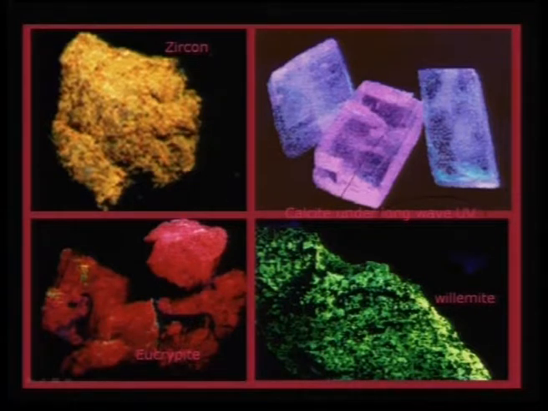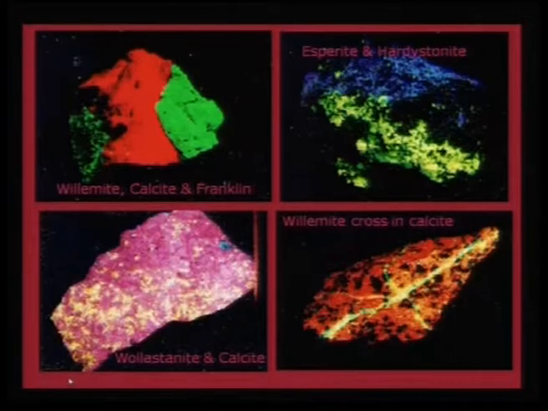This is a calcite crystal glowing under UV radiation, and zircon is here, which shows a dominating yellow. Then you have eucryptite, which is mainly a europium doped phosphor, and then willemite is there. Then we also have a combination of several of these phosphors available in nature as they are, as willemite, calcite, franklinite, all isolated as minerals.